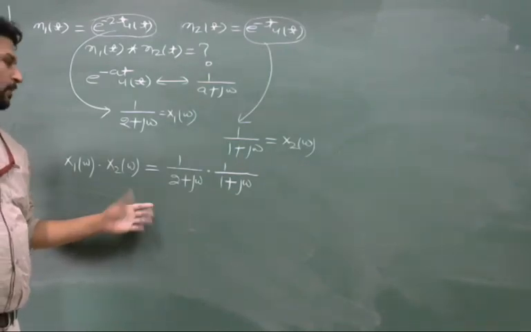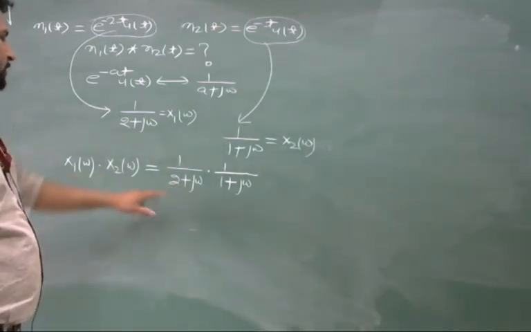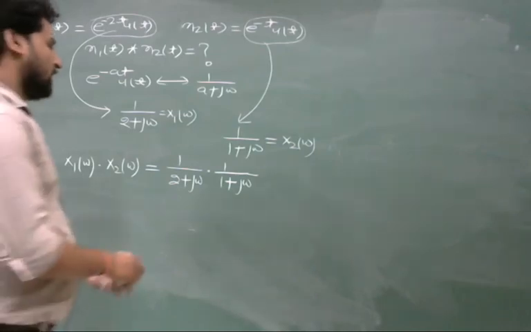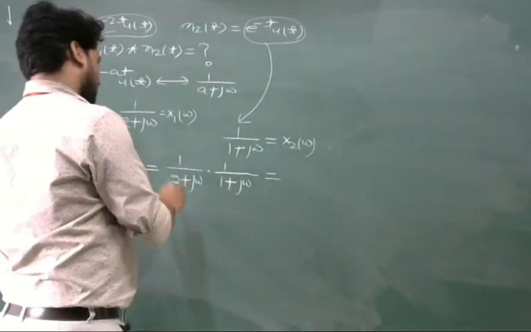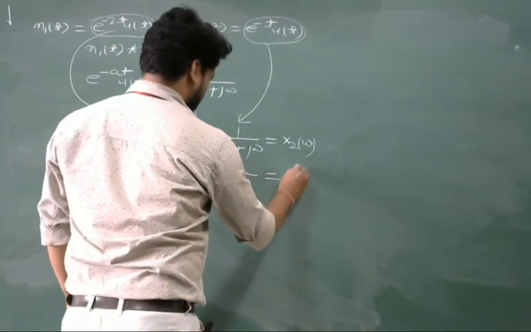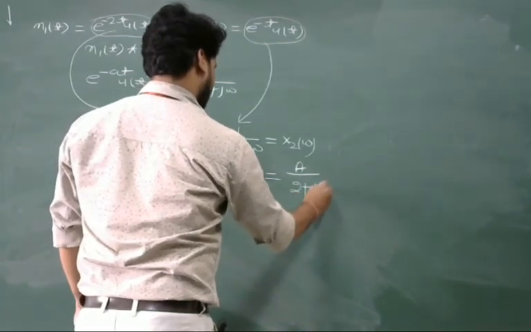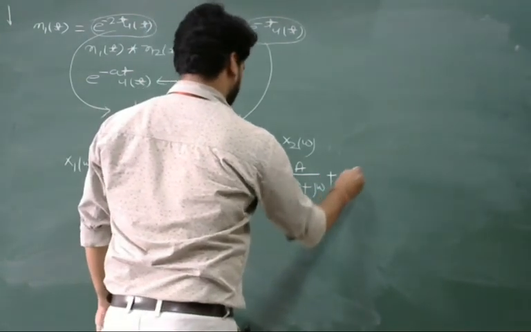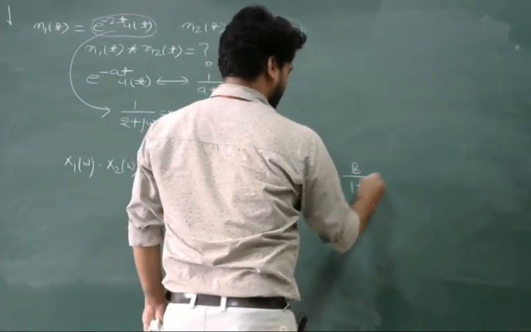Now we have to take the inverse Fourier transform of this. To get the inverse Fourier transform, first we have to get the partial fractions of this function as, suppose it is A upon 2 plus j omega plus B upon 1 plus j omega.